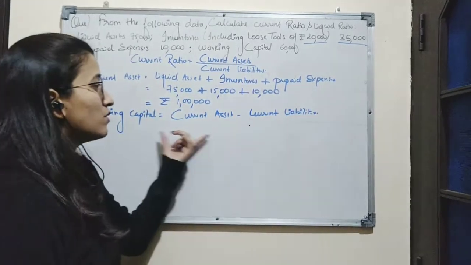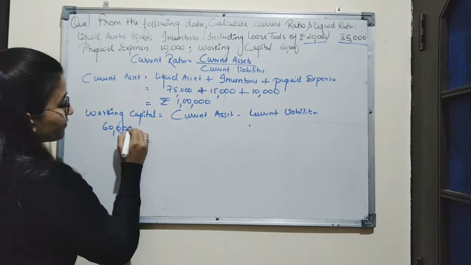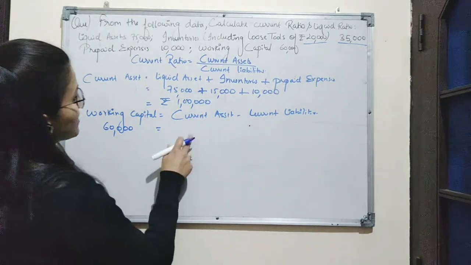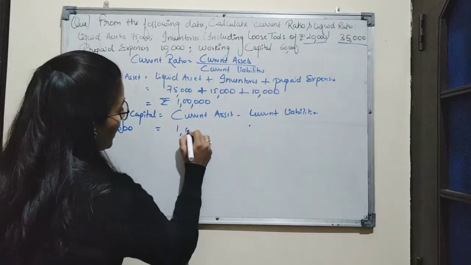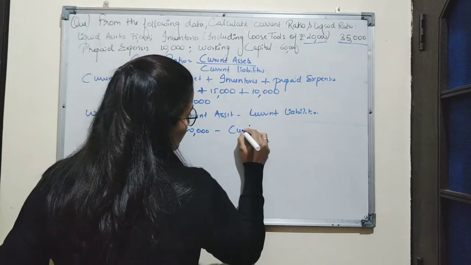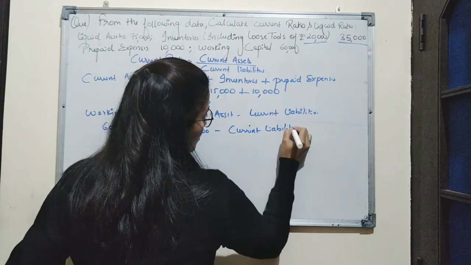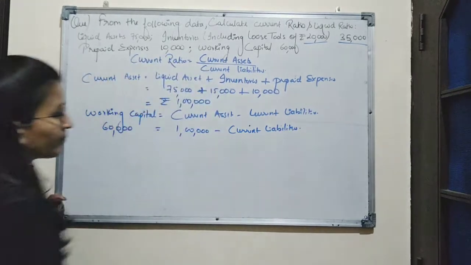So we'll put the values in the formula. Working capital amount is rupees 60,000. Current asset amount is rupees 1 lakh. And current liabilities amount we have to calculate. So we'll write it as it is.